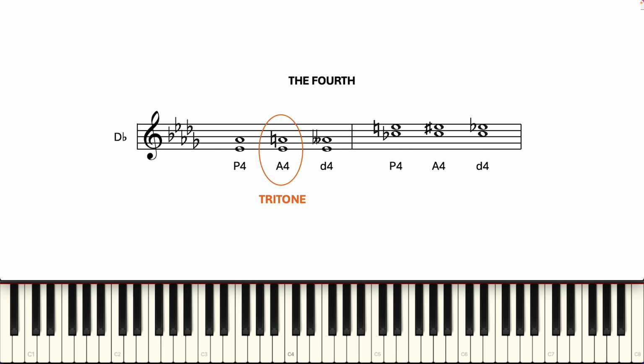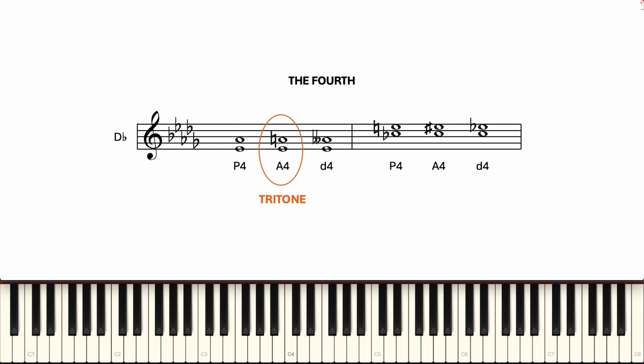Now, if we raise the E natural by half step, we get the E sharp, which coincides with the F. The interval between the C flat and the E sharp is an augmented fourth. Note that even though F is in the E flat major scale, we don't write it here as F. For the purpose of music theory and voice leading, we still write it in this case as E sharp to reflect the nature of the interval.